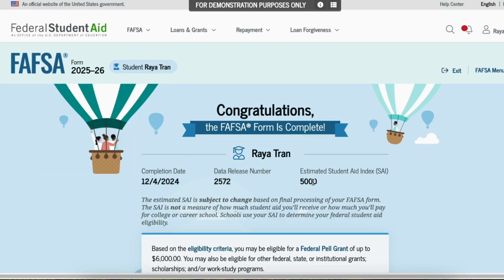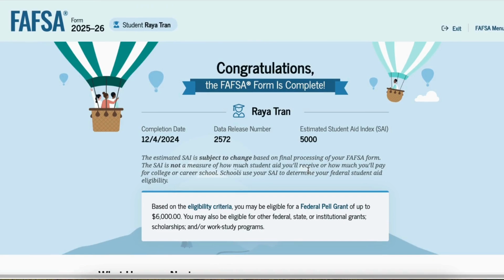Since I'm on a prototype, it's telling me that my student aid index is 5,000, which means that the government potentially believes that my family, based off of the taxes, how much money I have in the bank, all of those factors put in that equation, and this is how we receive that number.